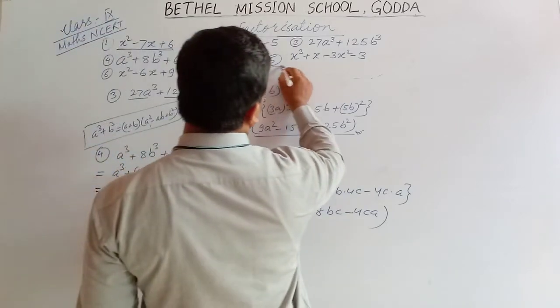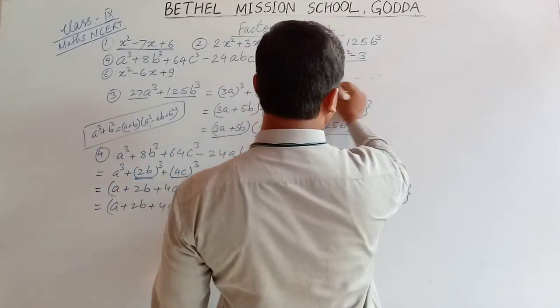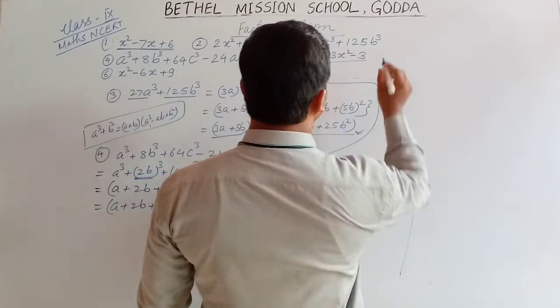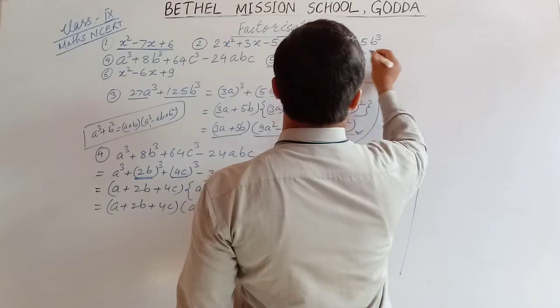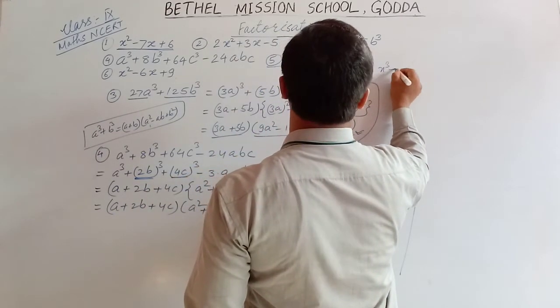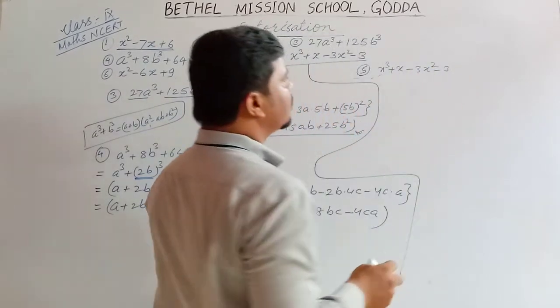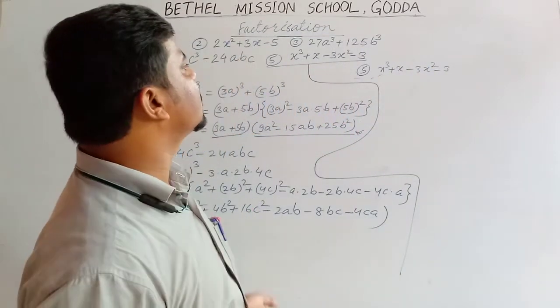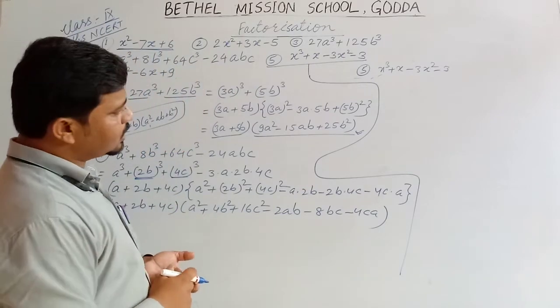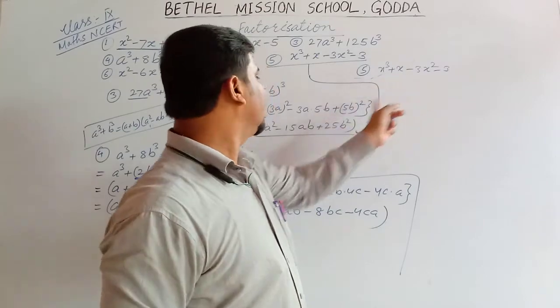Next, another type of question you can see here on the board. x cube plus x minus 3x square minus 3. So here no need to use the method of splitting the middle term, no need to apply any algebraic identity.